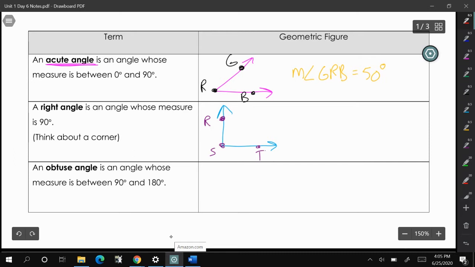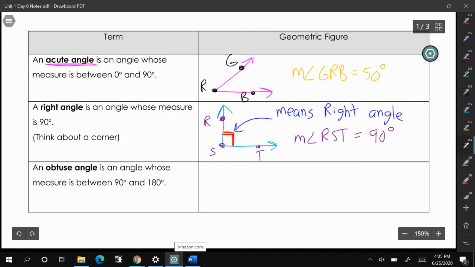But if we see this box here in the corner where the angle is formed, that's how you can tell that this is a 90-degree angle or a right angle. So this means right angle. And the measure of angle RST is equal to 90 degrees.